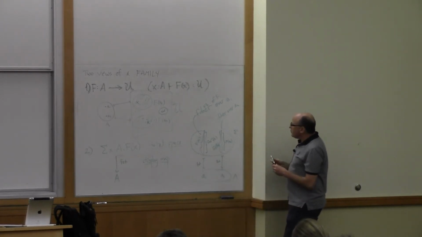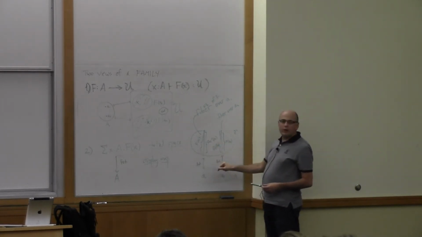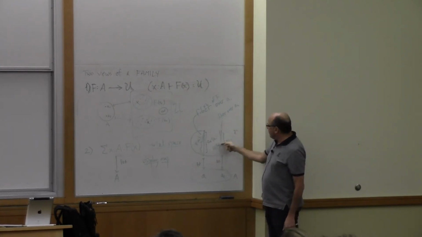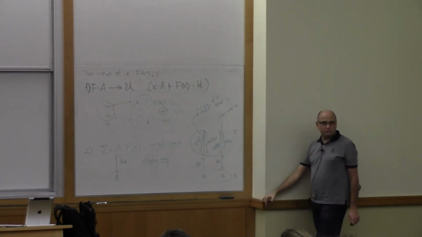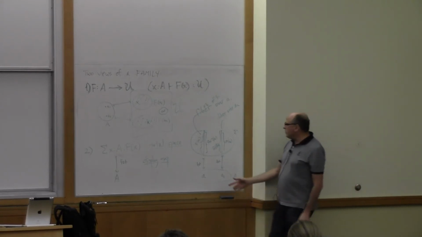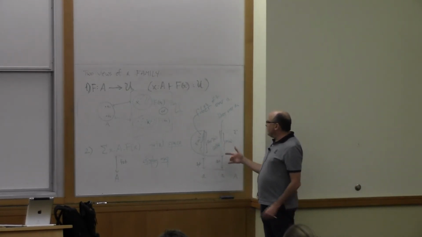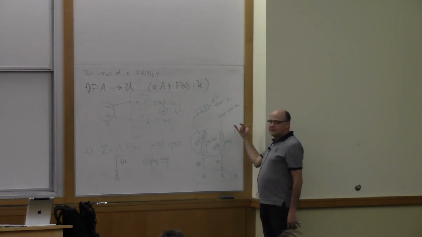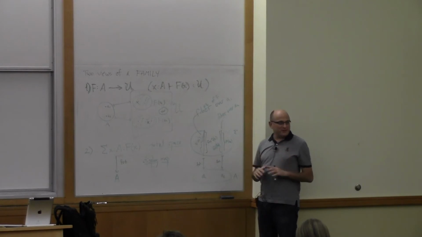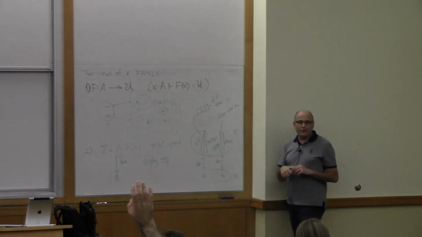That is, it's all the things that fst sends to A1. And this is all the things in the total space that fst sends to A2. That's another way of thinking about it. So it's sort of like the total space organizes all those inverse images and puts them in some nice organization for you.